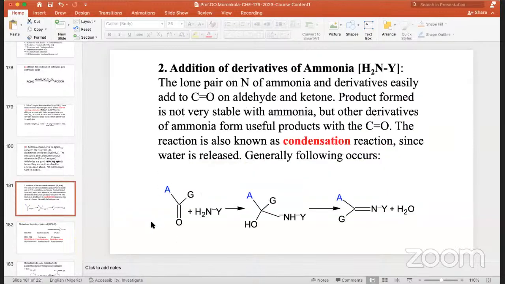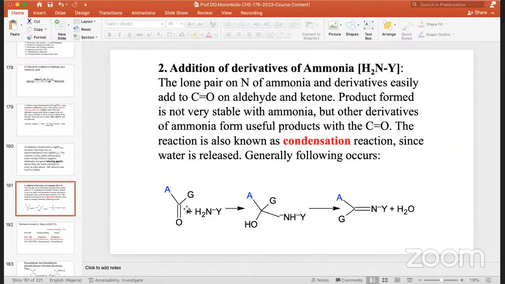So I've used Y to represent those varieties. See this as the carbonyl, either you are seeing it as a ketone or aldehyde. Since it's a condensation reaction, we have the removal of a water moiety, that is H2 from this and the oxygen here. They just condense, so we have a water molecule being removed.